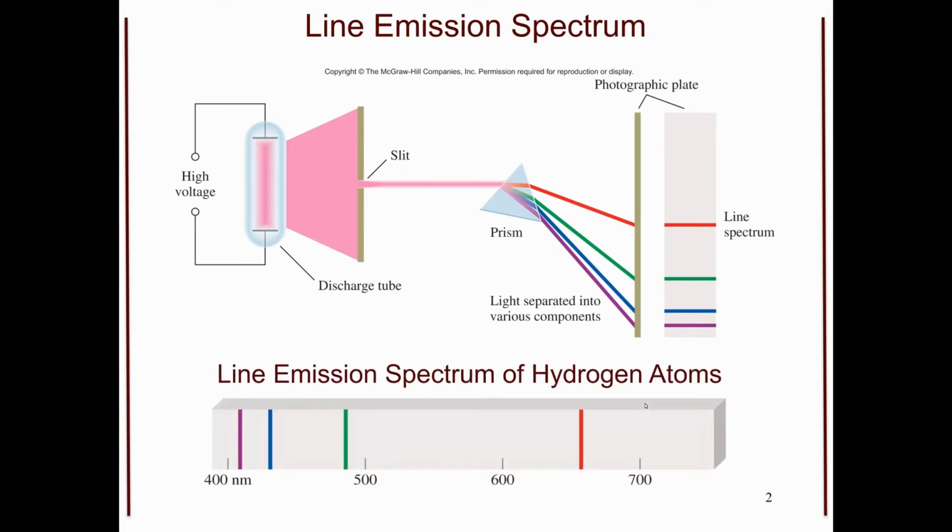So if we look at the hydrogen atom, we are going to see 4 characteristic emission lines for the different electronic transitions. We see one here at approximately 650. We see one at about 480, as well as about 410 and 430.